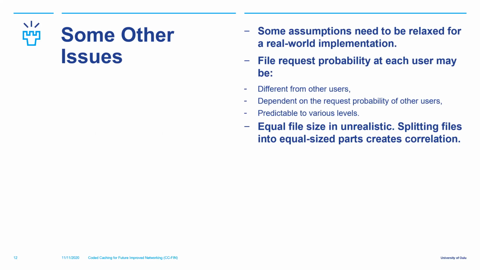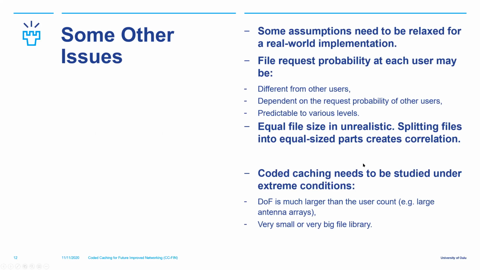Also, there is this equal file size assumption in coded caching scenarios. This is clearly unrealistic. Most papers propose splitting files into equal sized parts, but this creates correlation, which is against other assumptions. So this also needs to be addressed. And moreover, coded caching needs to be studied under extreme conditions.